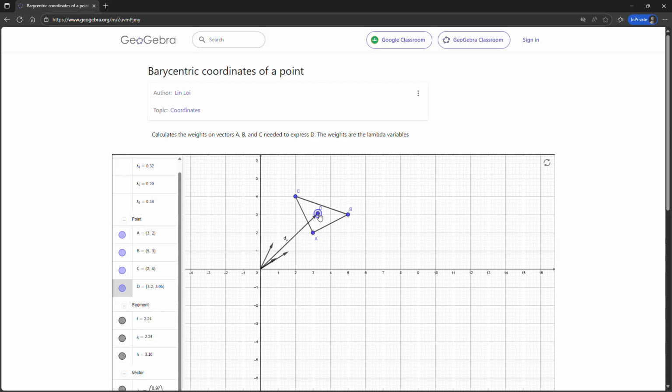So barycentric coordinates only give you your relative position to the vertices of the triangle. It does not give you the coordinates of the vertices of the triangle. This is very important.